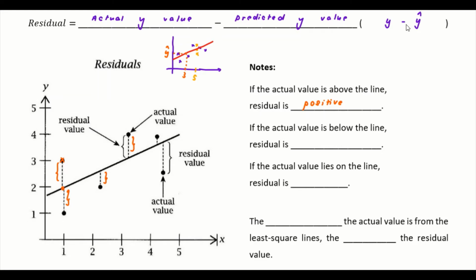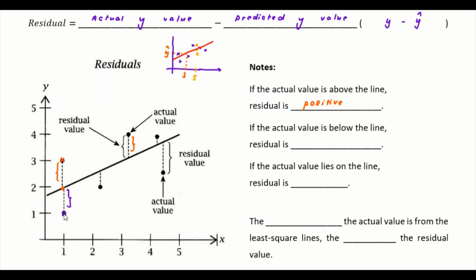When you use a larger number to minus off a smaller number, the difference will be a positive one. What if the actual value is below the line? Looking at this point, it is located below the regression line. Both of these are for x equals 1 as well. The actual value here is 1, and the predicted value is 2.